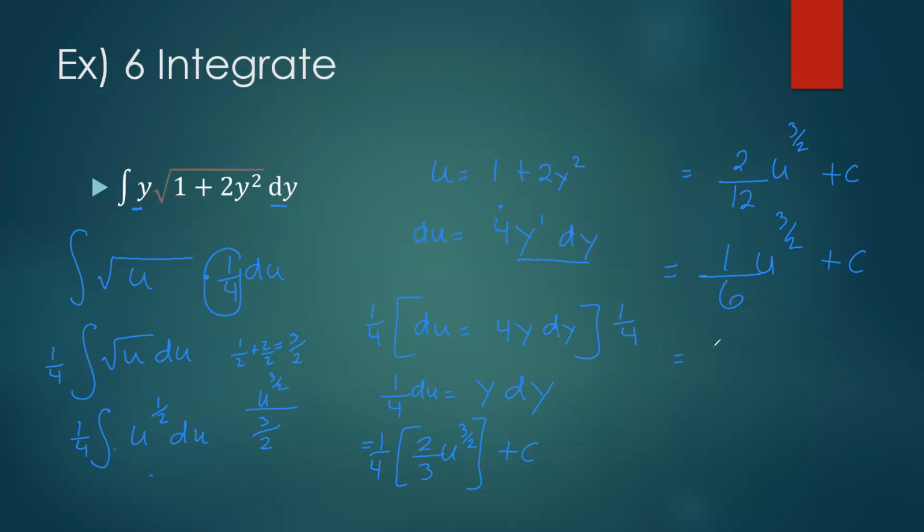So your final answer will be 1/6 parentheses 1 plus 2y squared raised to the 3/2 and then plus c. Okay, that was example 6. 2 more examples to go, and then we'll do like medium hard examples. So moving on to example 7.